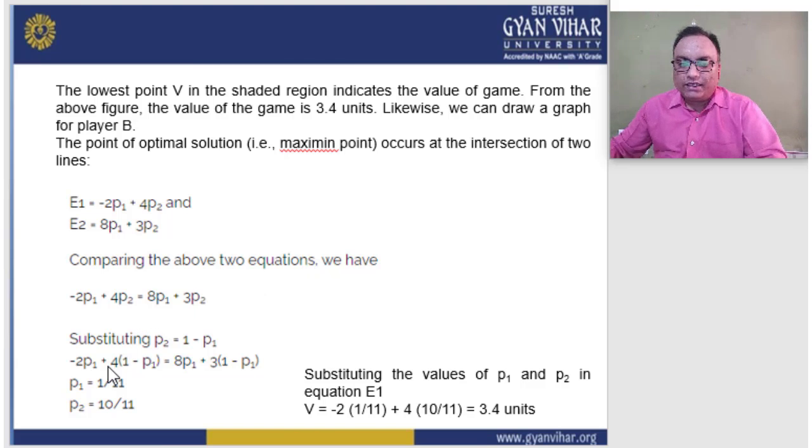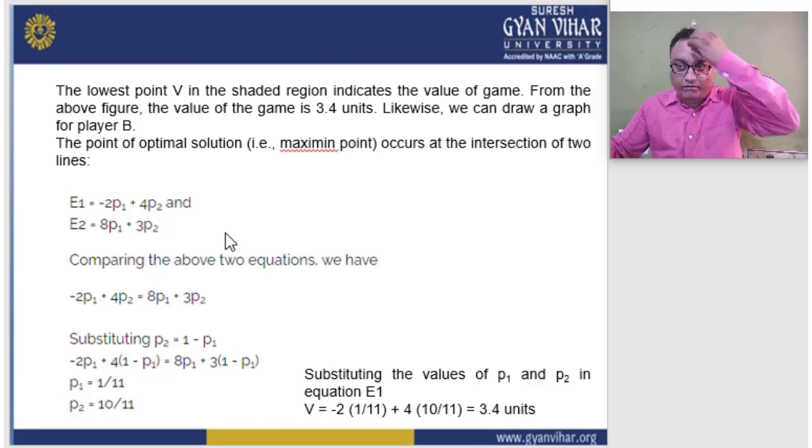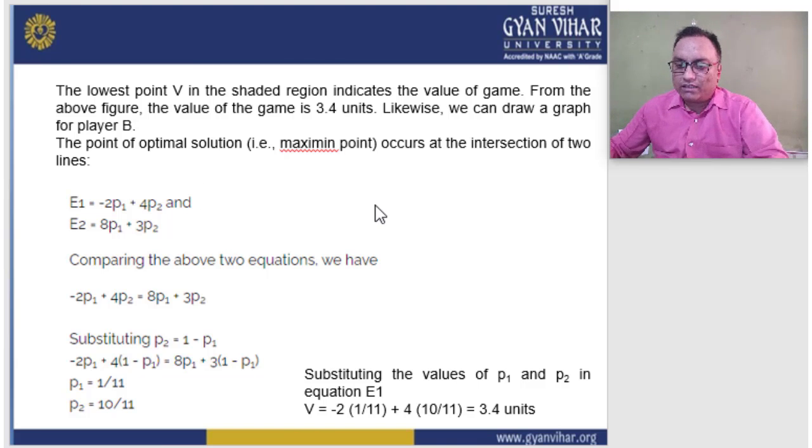Substituting the values, we have one more equation here, P1 plus P2 equal to 1, because P1 and P2 show the probability. The maximum probability is 100% for any case.